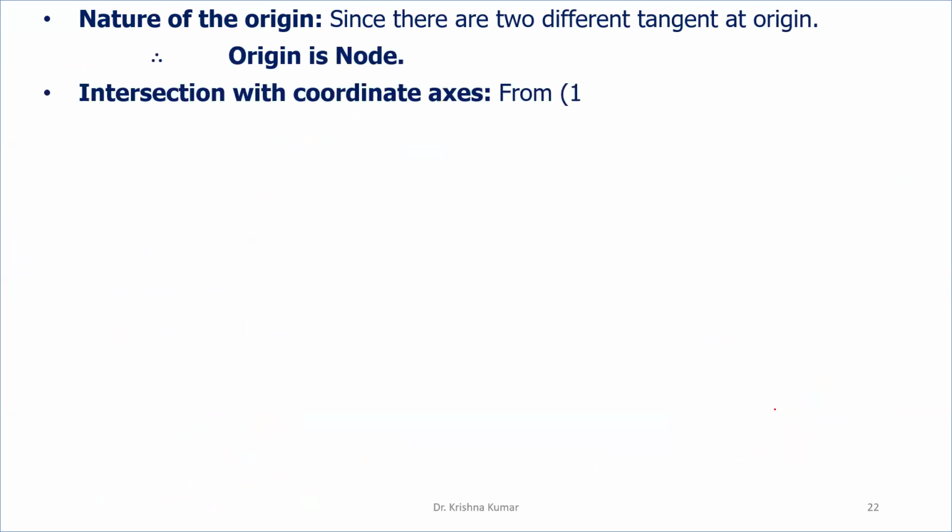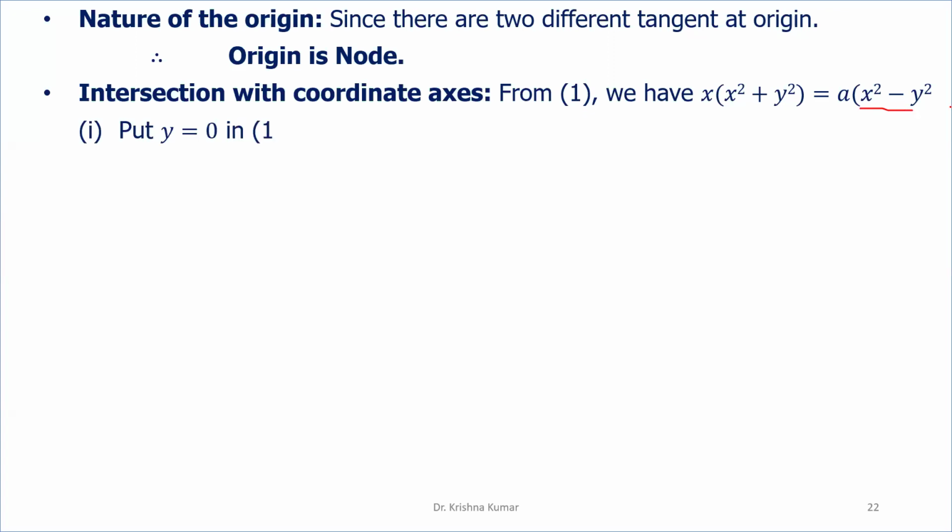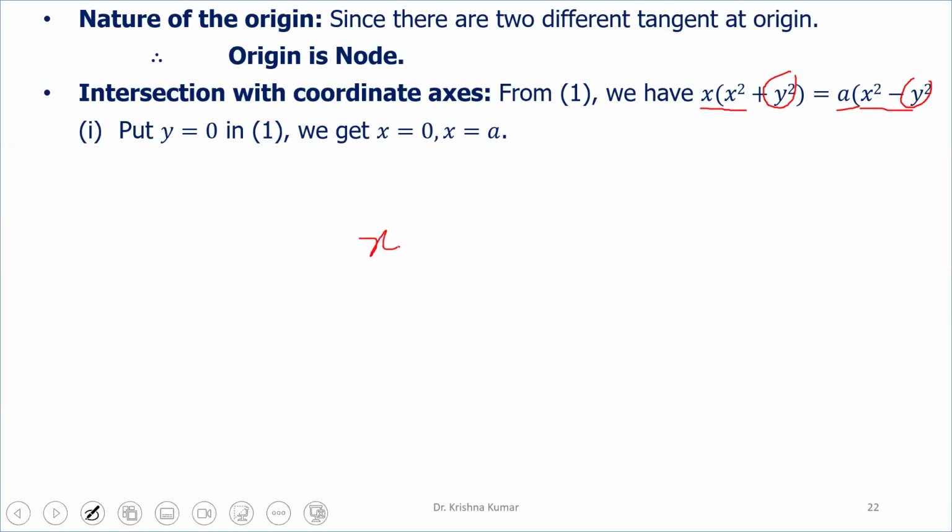Let us find the intersection with the coordinate axis. From equation number 1, we have x times (x square plus y square) equal to a times (x square minus y square). If you put y equal to 0, we get x cube equal to ax square.